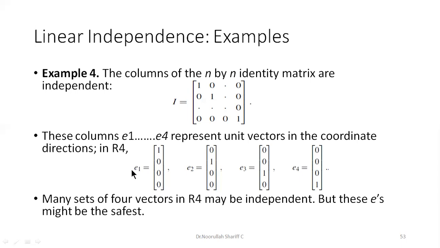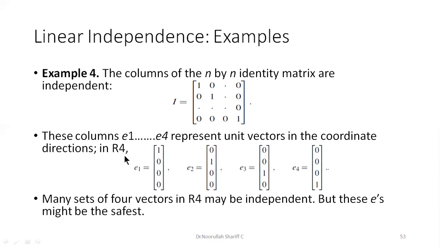If you consider 4 by 4, E1 will be 1, 0, 0, 0. E2 will be 0, 1, 0, 0. E3 will be 0, 0, 1, 0. E4 will be 0, 0, 0, 1. And each one of these is a unit vector in the coordinate direction in R4. This is R to the power 4.